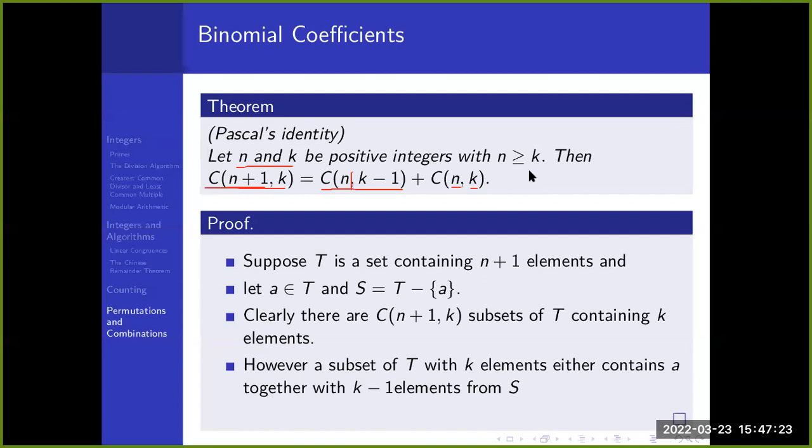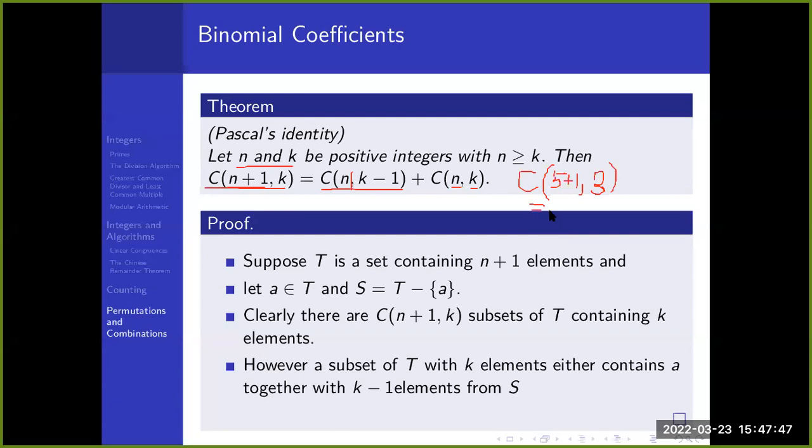So I don't know if we need an illustration for this. If n, for instance, is 5, we'll have 5 plus 1 here. And let's say k is 3, we'll have 3 there.